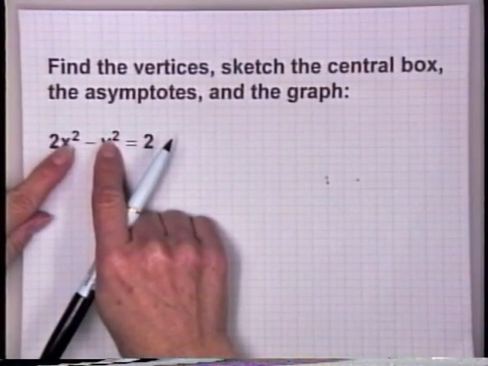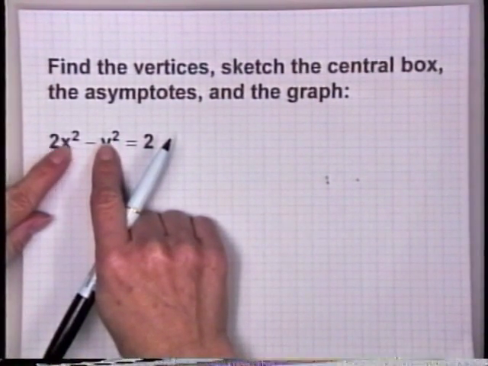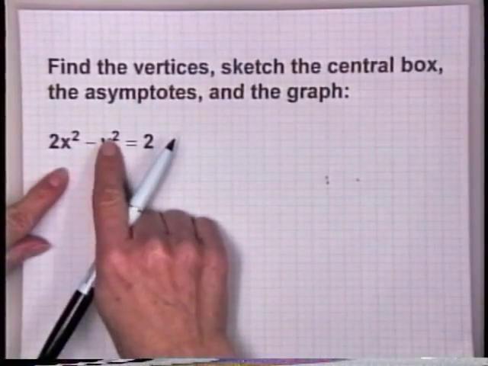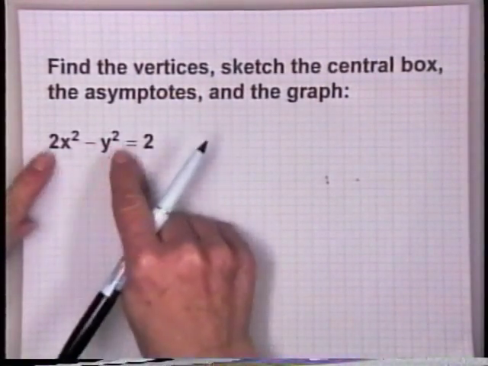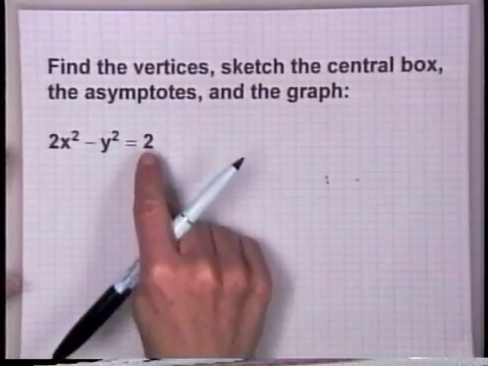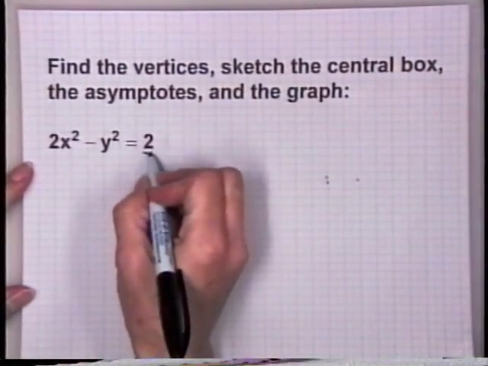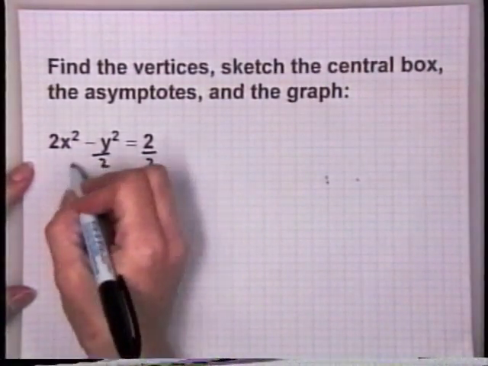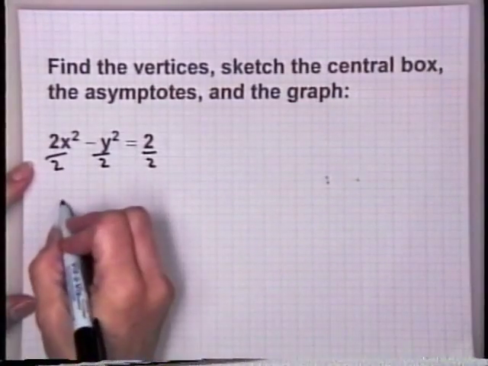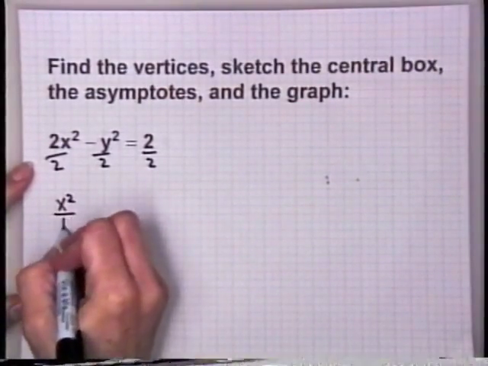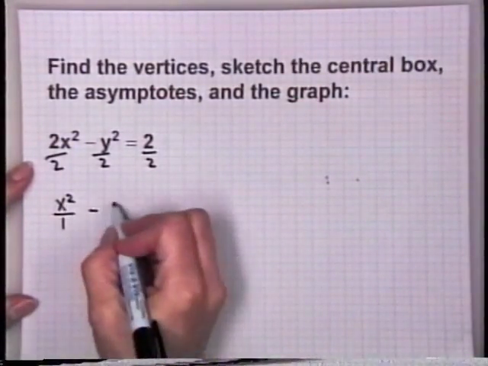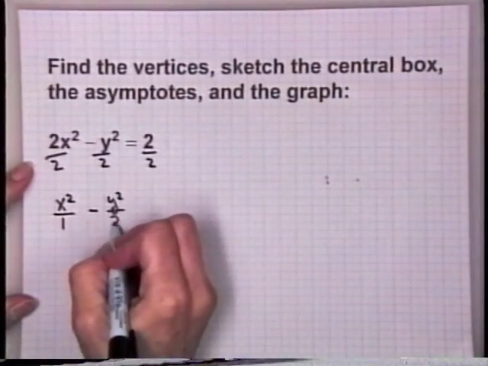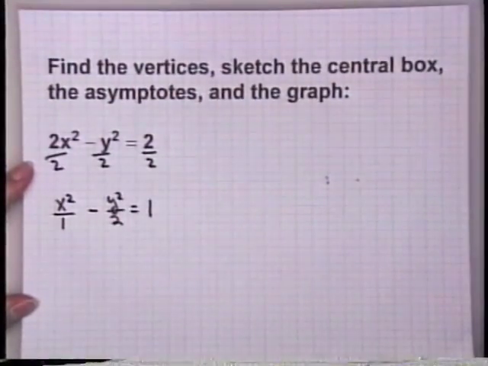Now, if I recognize I have a hyperbola, remember I want x squared over a number minus y squared over a number equals 1, or those might be in a reverse order. Since I want a 1 over here, I'm going to divide everything by 2. Okay? So I get x squared over 1 minus y squared over 2 equals 1.